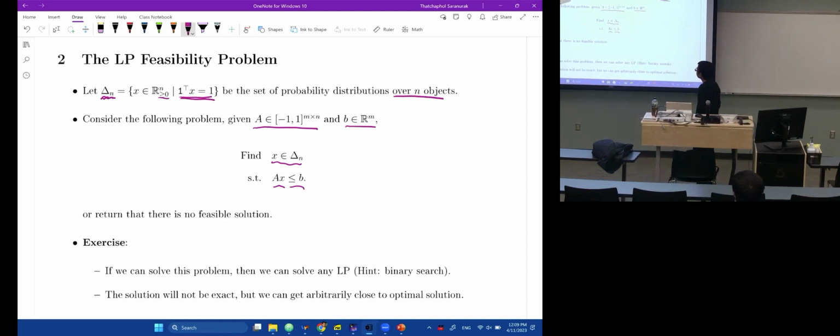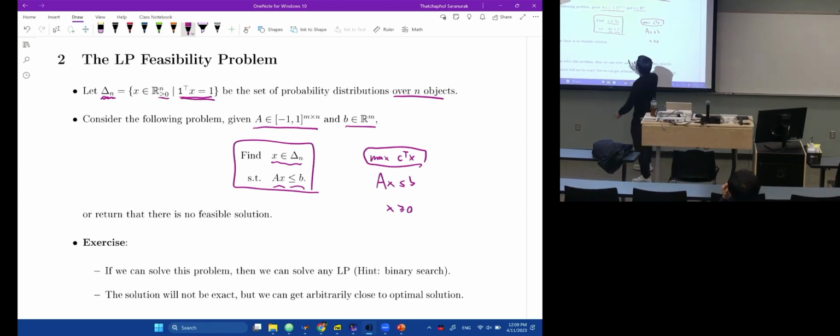Normally what we have is Ax at most b, and maybe max c^T x, so that you want to maximize something, right? Here there is no maximization. You just ask if there is some x that satisfies this constraint, or not. Now I claim that if you can solve this one, you can solve that one too.